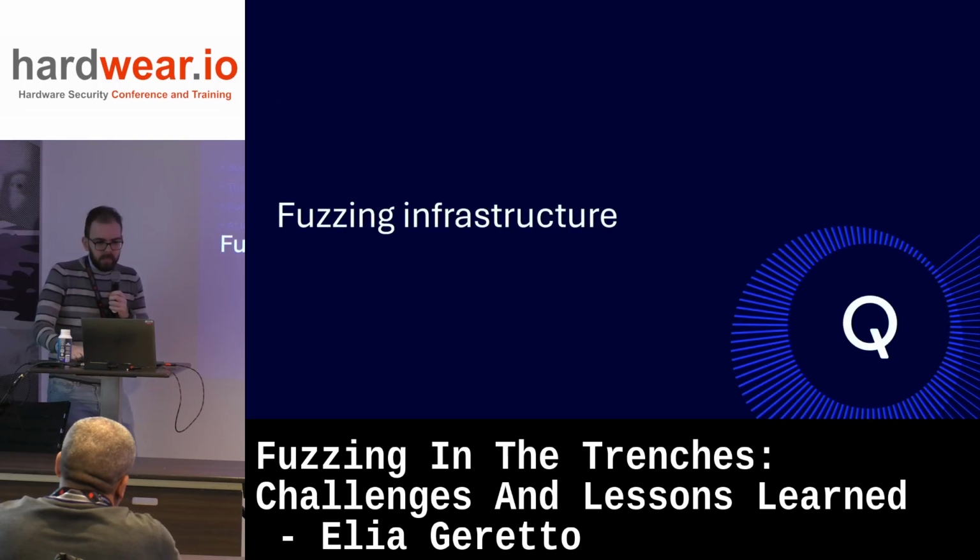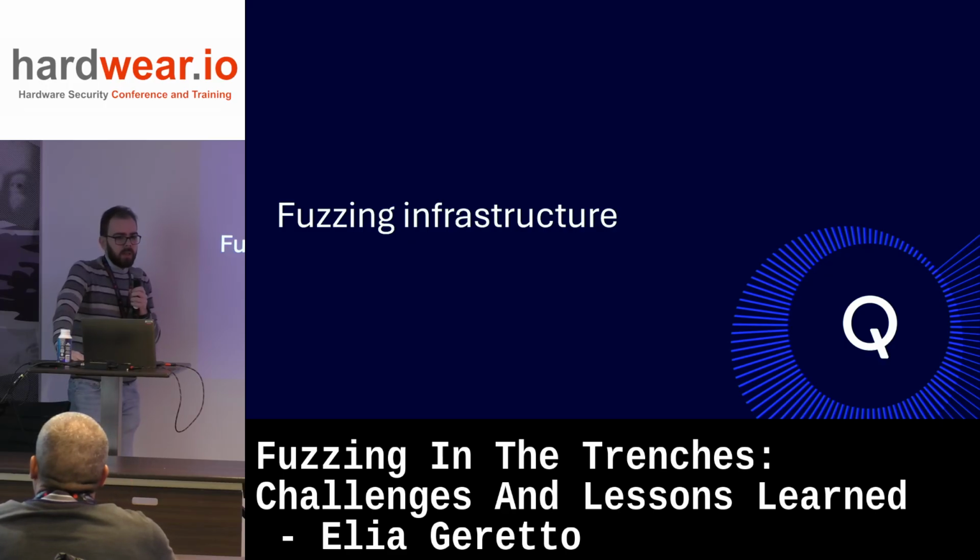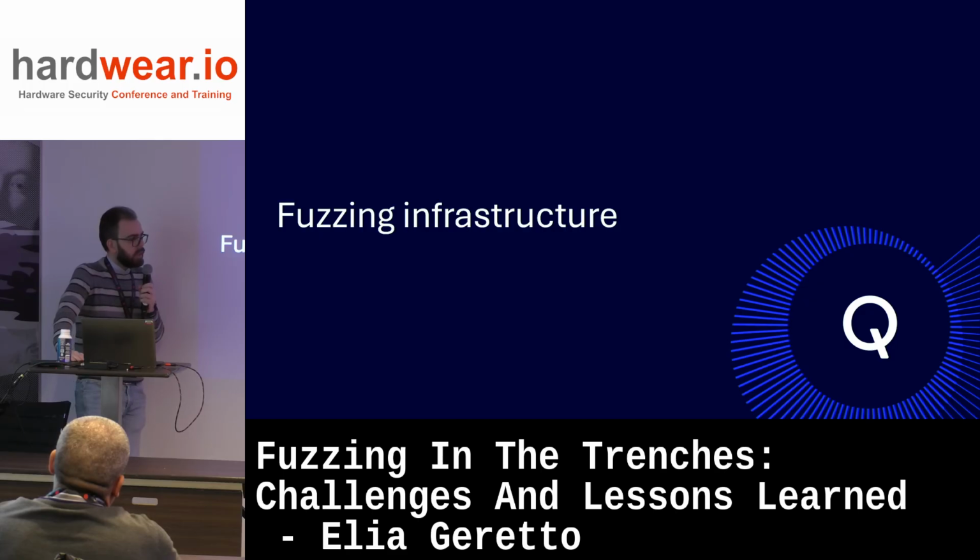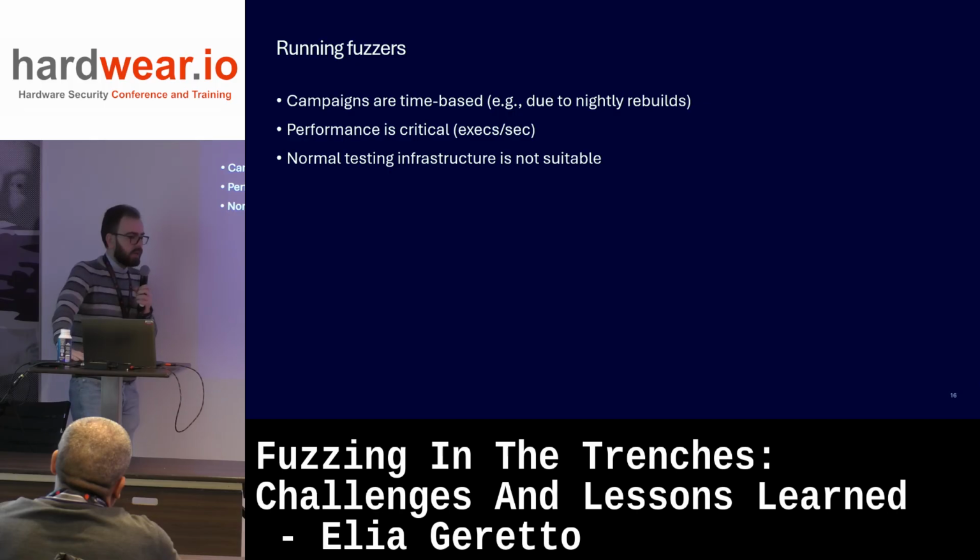Still, now I wanted to talk a bit about fuzzing infrastructure, because I think this is an interesting topic. When you run fuzzers, you cannot really rely on the testing infrastructure that is commonly available for test suites, because fuzzing forces you into time-based campaigns.